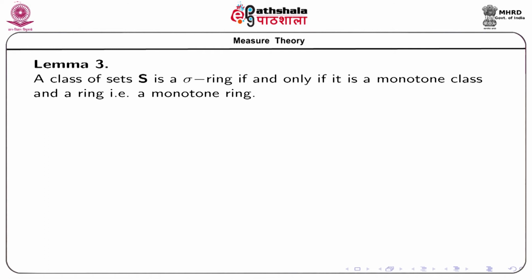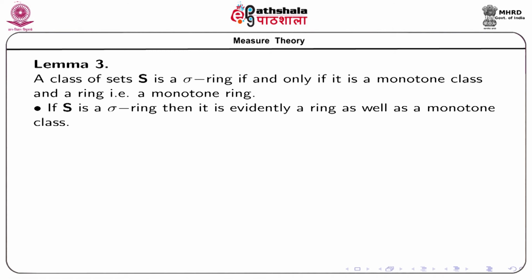We will now prove that a class of sets S is a sigma ring if and only if it is a monotone class and a ring, that is, it is a monotone ring. Observe that if S is a sigma ring, then it is already a ring.